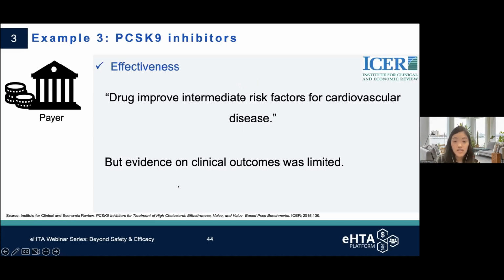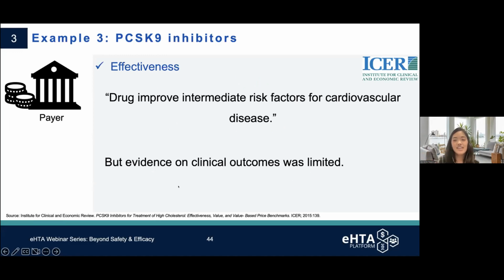So in 2015, the Institute for Clinical and Economic Review, called ICER, decided to conduct a health technology assessment, which we will discuss in more detail in the next webinar, so stay tuned.